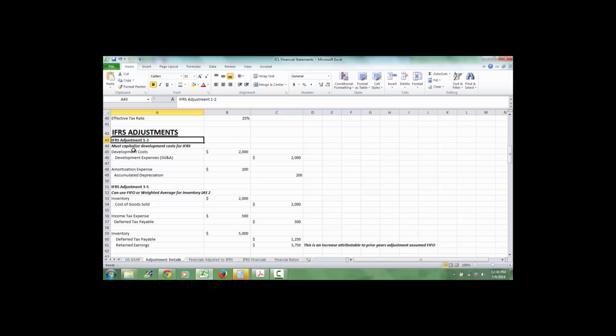In accordance with IAS 38, intangible assets, it has to meet 6 criteria in order for it to be capitalized. But this problem, after reading through it, does meet that 6 criteria. So 2 million of this development cost can be capitalized. So the adjustment would be development cost, which would be an asset, 2 million. Development expense, we're going to reduce expenses, $2 million.